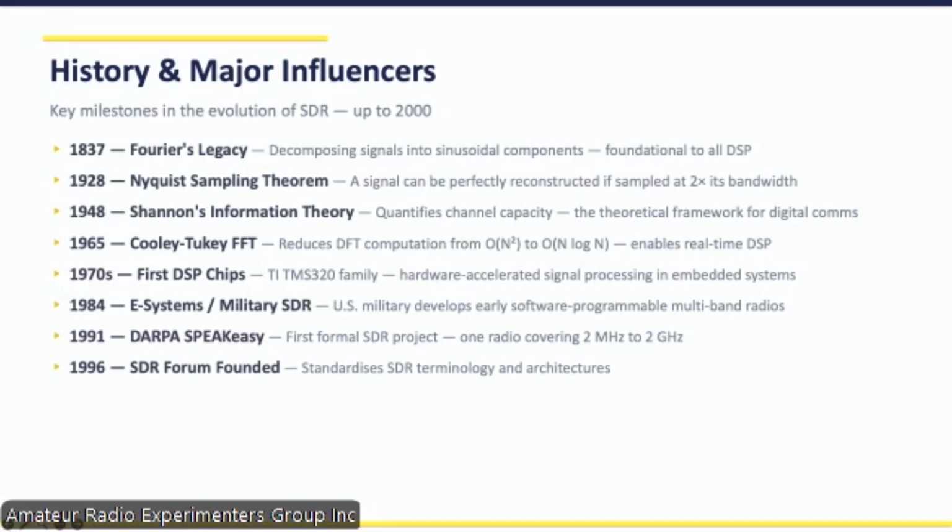But back in the 800s is when we started to talk about Fourier theories, the starts of it. Then in 1928 is the first time we started to talk about the Nyquist sampling theories. Nyquist sampling theory says that if you've got a 1 meg of signal, basically you should be monitoring, taking samples of it about 2 times the speed, plus a bit.